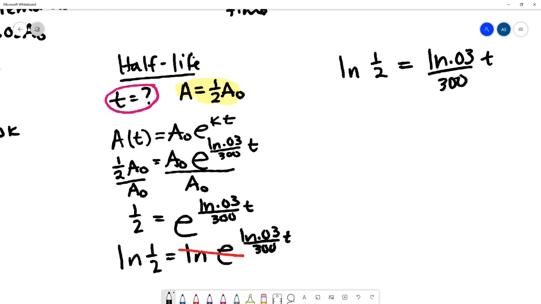To solve this, I'll multiply by the reciprocal, 300 over natural log 0.03, on both sides.